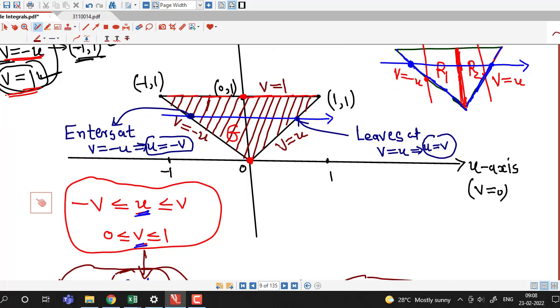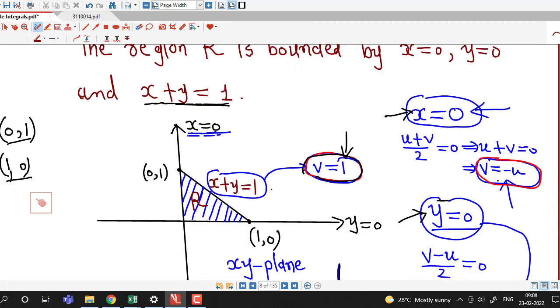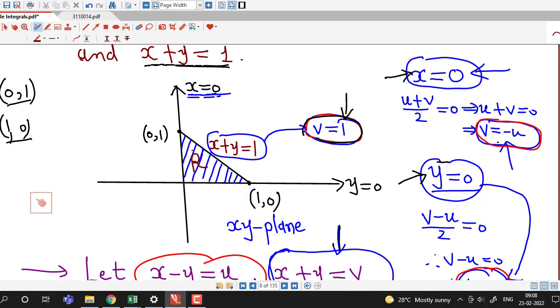For that we have to sketch the region of integration in terms of new variables u and v, and that region of integration will be obtained by converting the boundaries of region in xy plane into the new boundaries in terms of u and v.